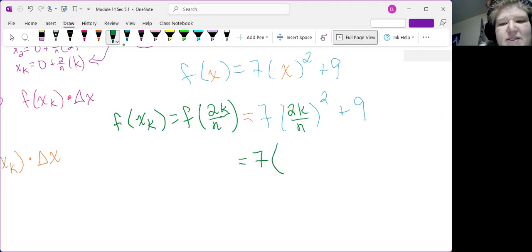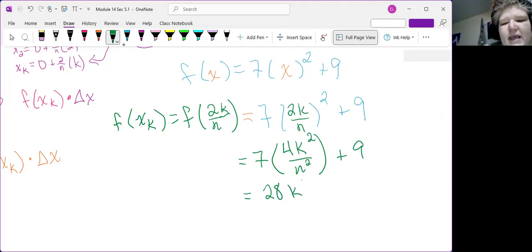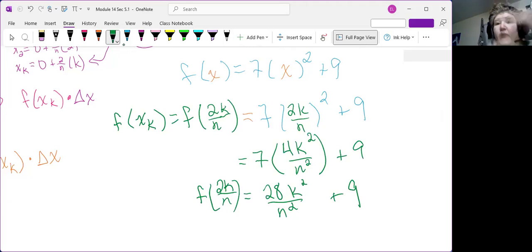So this is going to be a 4 now, a k squared over an n squared, and then still plus 9. And then I'm just going to multiply the 7 and the 4. So 28 k squared over n squared plus 9. This is the formula for our rectangle heights.